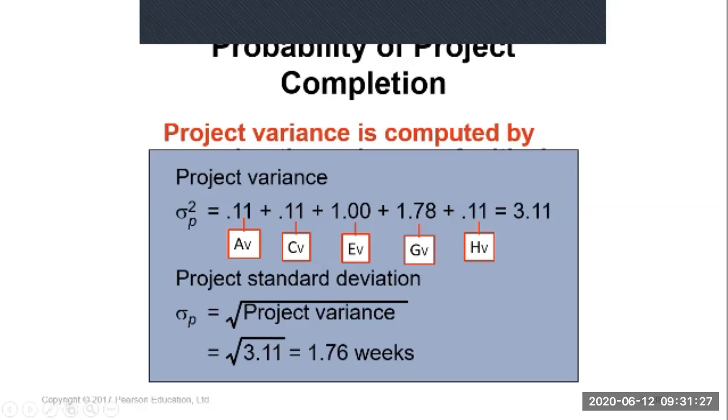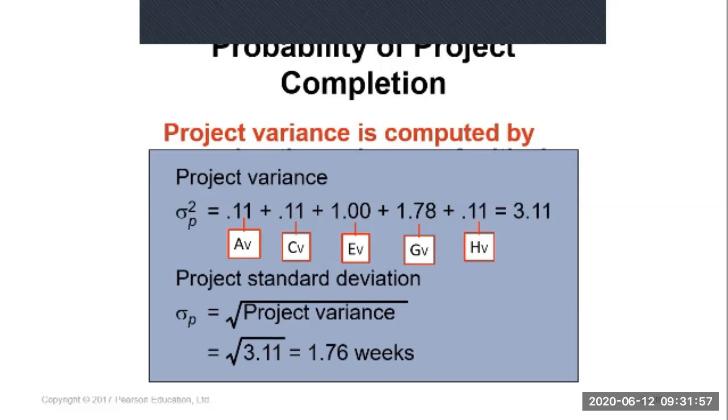So even though you find out that the project completion duration is 15 weeks, there is a variance in your completion times. You have to allow that there is a variance of about 3 weeks in your project completion time, because of the difference in times. It's not an exact time, it's not a fixed time. You have a variation in time.